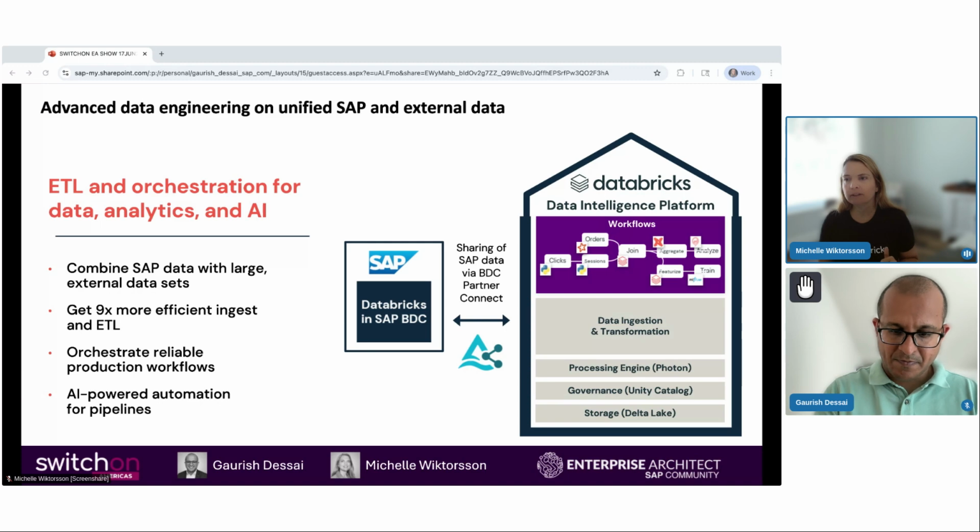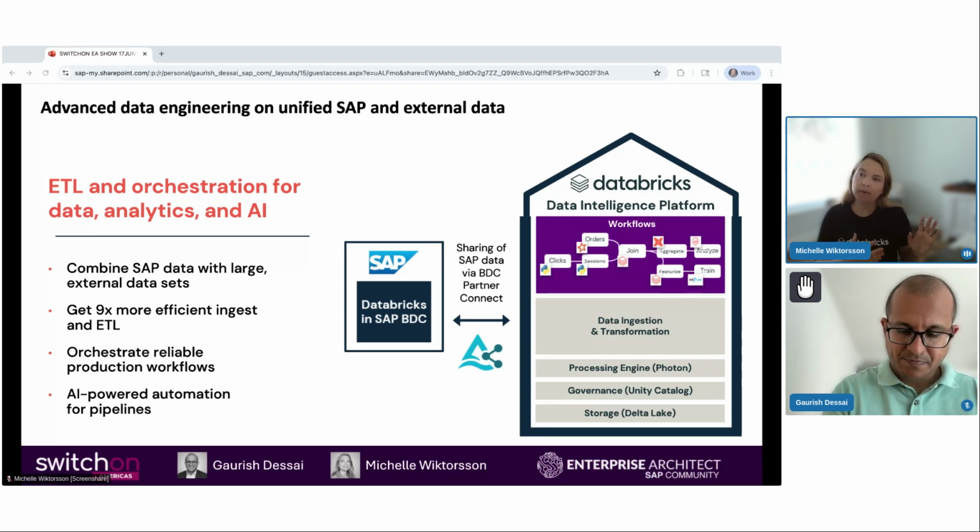So that integration enables a holistic approach to your overall AI development by leveraging the full spectrum of all of the data that's available to you. So you leverage Databricks for advanced data engineering that you can do, and then share that back to SAP BDC via that bi-directional Delta sharing.